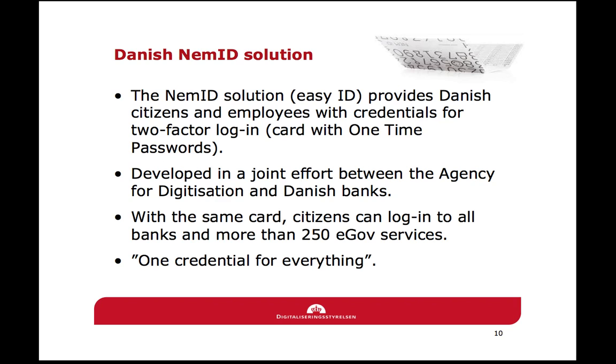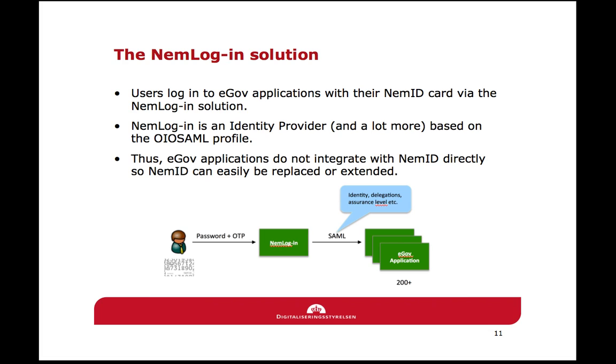If you skip to slide 11, the other solution is NemLogin. It's Danish for easy login, and that's actually a SAML-based identity provider. So we have one central identity provider that provides SAML-based login to all these eGov applications, and we have more than 250 now.